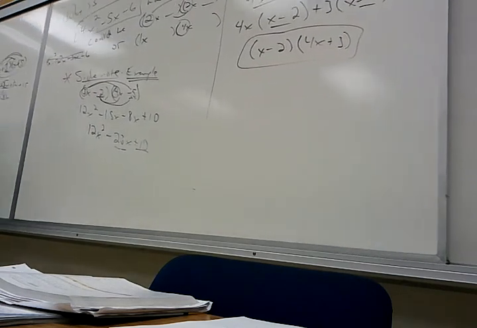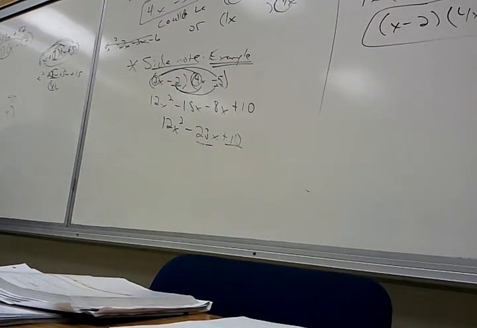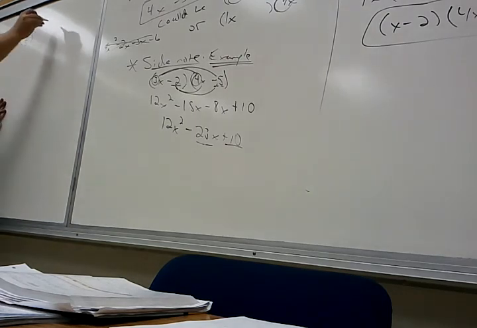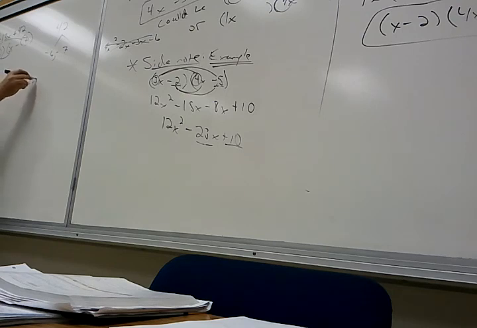Real quick, I told you earlier, it'll actually work here. Let's do it here real quick, watch. You don't have to, but let's see if it works. 42 is -6 and -7, right? Yes. So I could take this problem and write -13x as -6x, -7x. What comes out of these two?